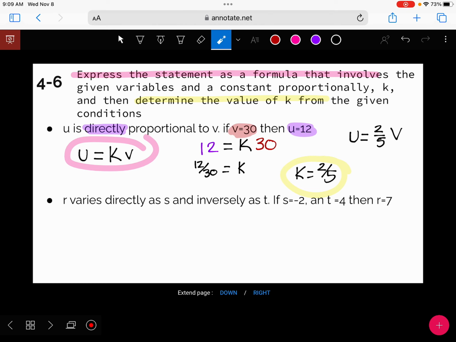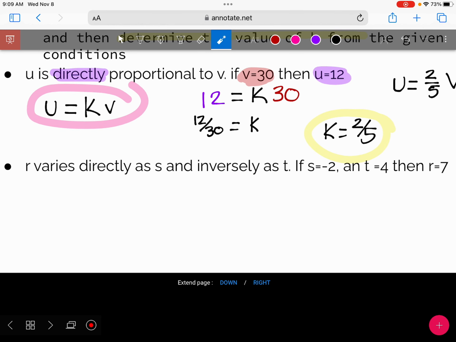Okay, guys. So this bottom one now has two of them. We have two variables and we have different proportionalities. We have that R varies directly as S. So it's going to be k times S. If all we had was this piece, like if we didn't have the other piece, we would stop right here.